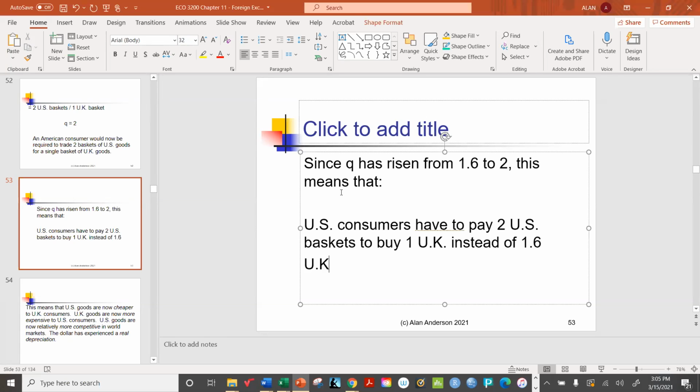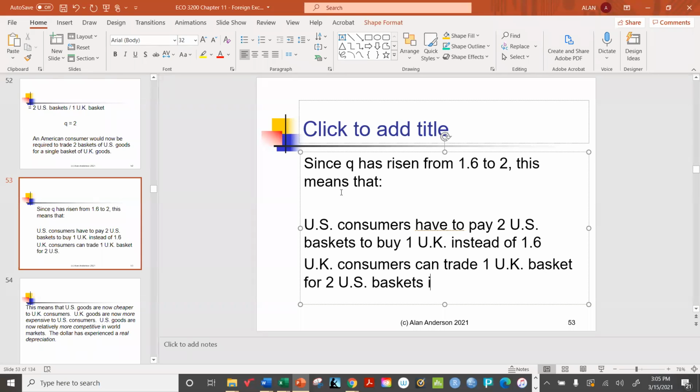Whereas UK consumers can trade 1 UK basket for 2 US baskets instead of only 1.6. So what do you expect to happen to our trade balance?